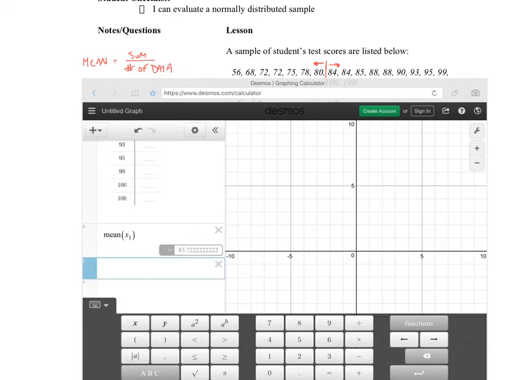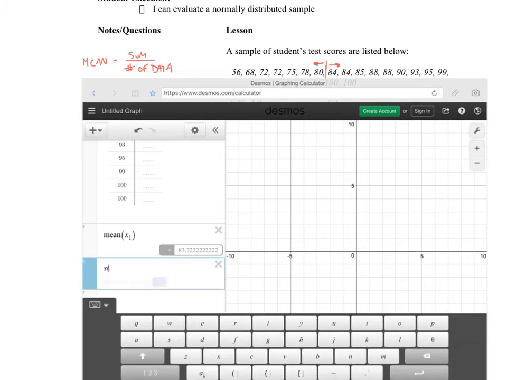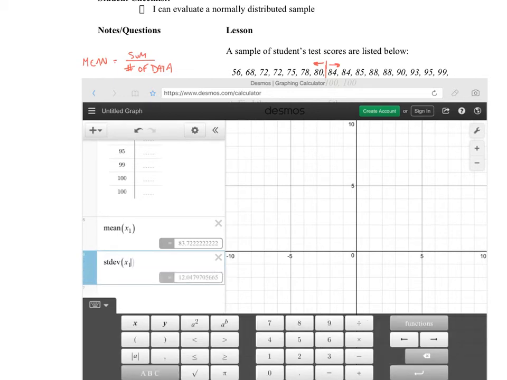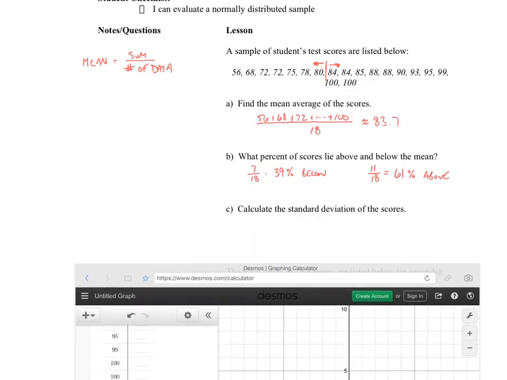To calculate the standard deviation, all you have to do is type in STDEV, parentheses, and again, we're going to use X1. So it looks like the standard deviation of this population here is 12.04. We'll say 12. So let's come back to this, and I'll explain why we use that number.